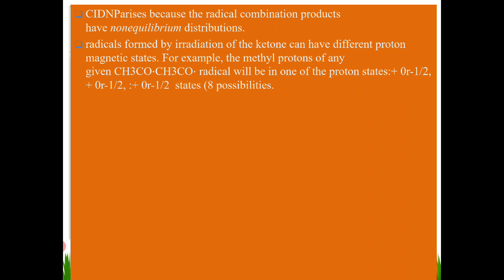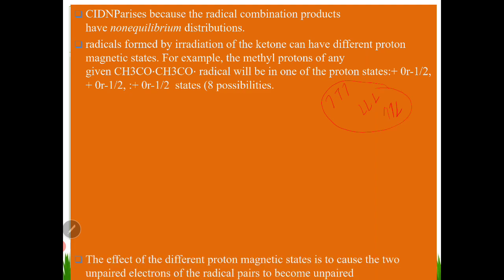So if you take these 3 protons and their combinations, you can have 8 combinations: all in the same direction, 2 possibilities, and one in the opposite direction, like that. I hope you can see these red lines. So you can have 8 possibilities.